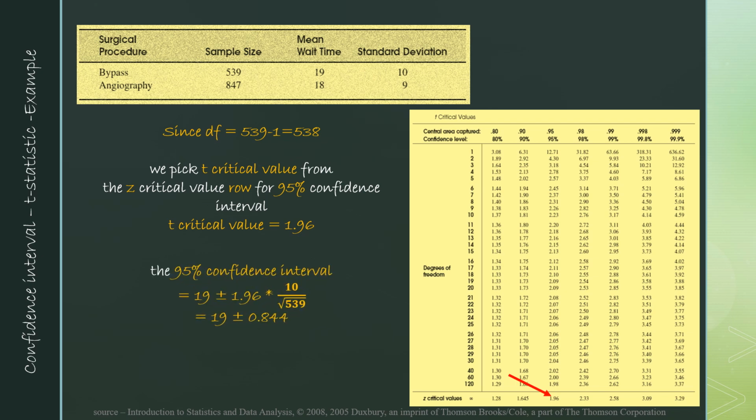Therefore, the 95% confidence interval is 19 plus or minus 1.96 times 10 divided by square root of 539, which equals 19 plus or minus 0.844, which in turn is an interval between 18.156 and 19.844 days.